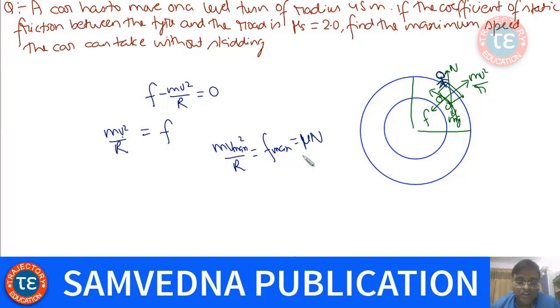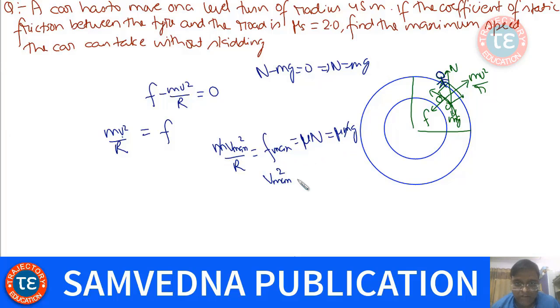This is static friction, and maxima of the static friction is mu n. So mv max square by r is mu n, and n is what? There is vertical equilibrium. There is no motion in vertical direction, so n minus mg is 0. So n is equal to mg. This is mu mg.